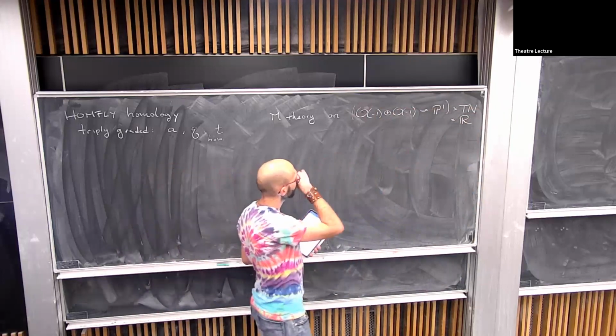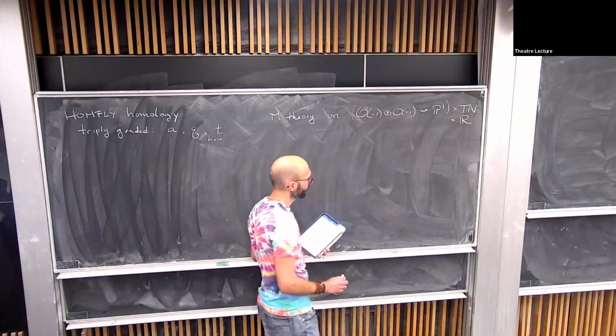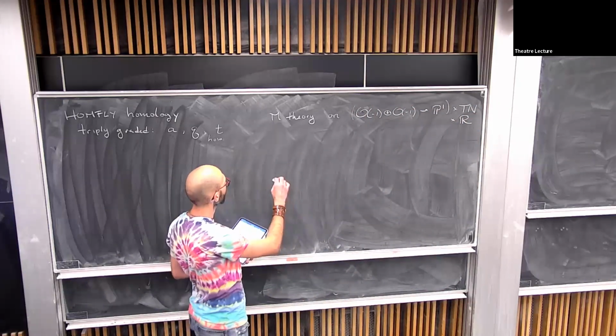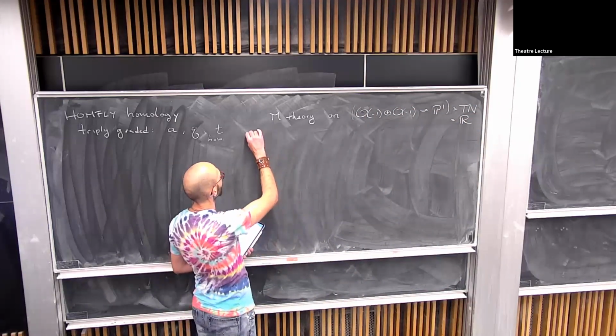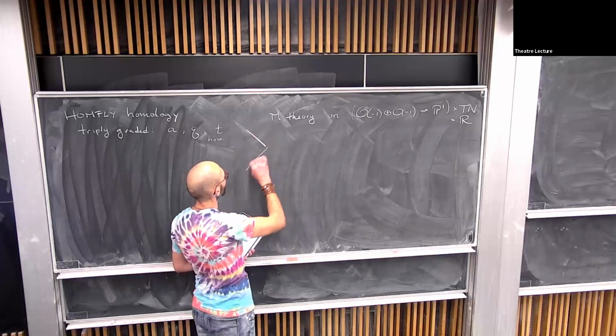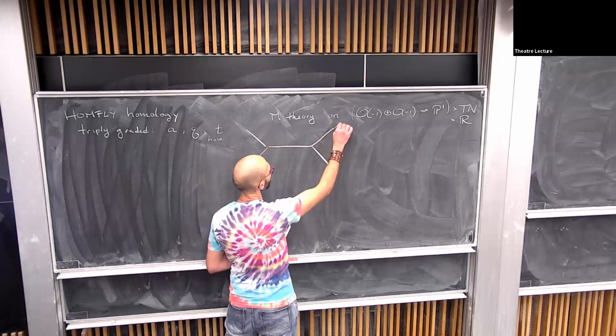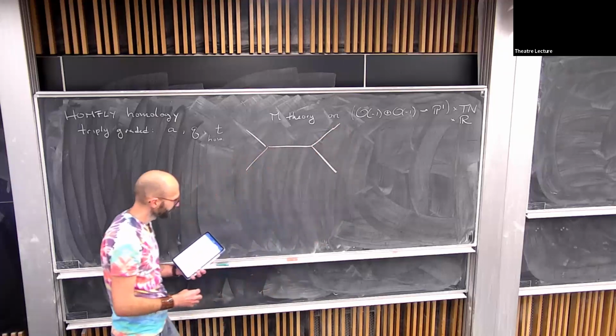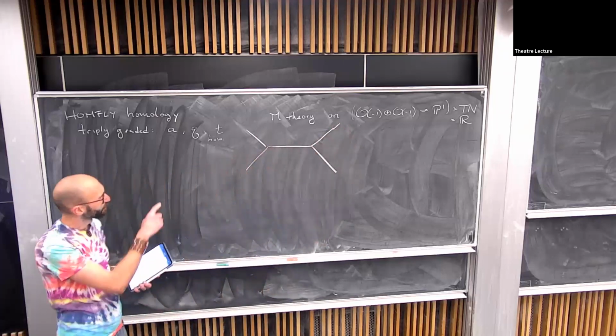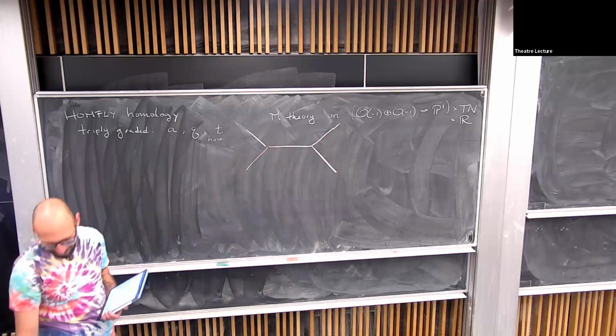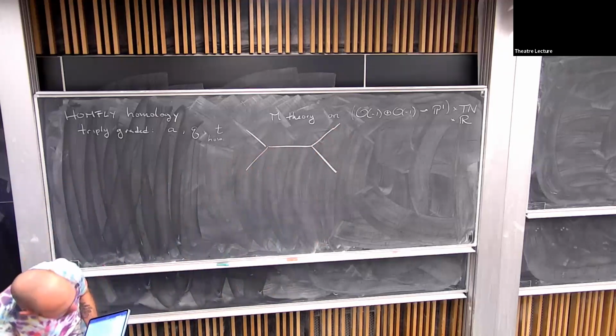Most of the interesting geometry is happening in this resolved conifold, and the setup that should have something to do with Khovanov-Rozansky homology is the following. It's a toric diagram of the conifold.